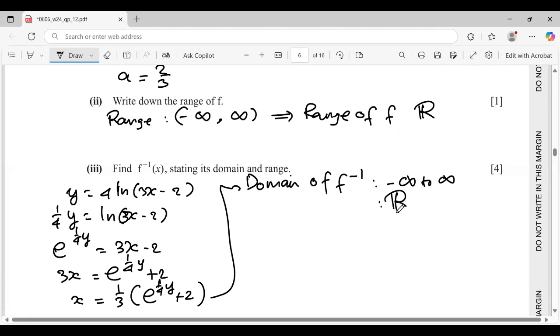This is the domain of f inverse, and the range of f inverse is the same as the domain of f, so the range is greater than 2/3.